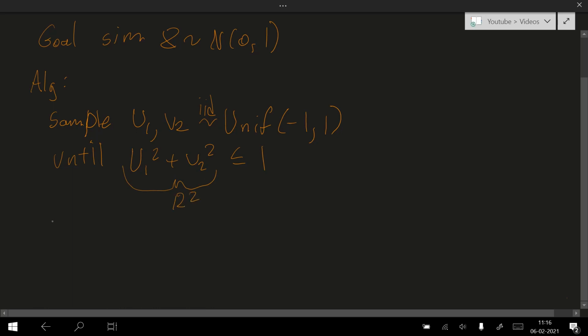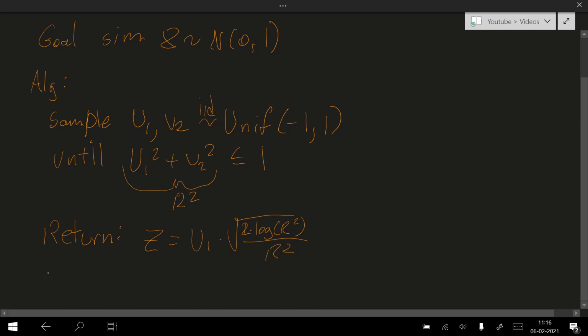Then we return z equal to u1 times the square root of minus 2 times the logarithm of r squared, divided by r squared.